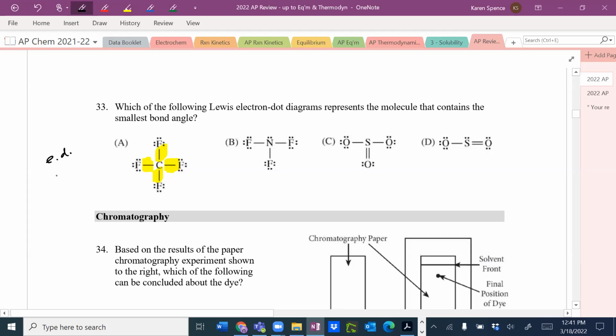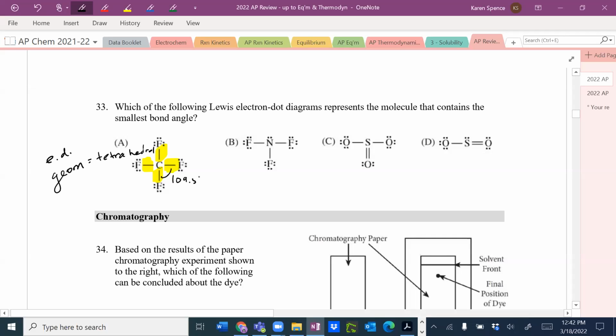Electron domain geometry is tetrahedral. And if it is tetrahedral, what is the bond angle? 109.5, that is correct.